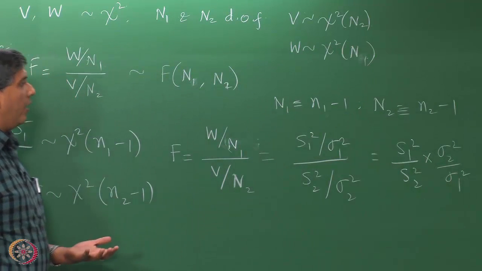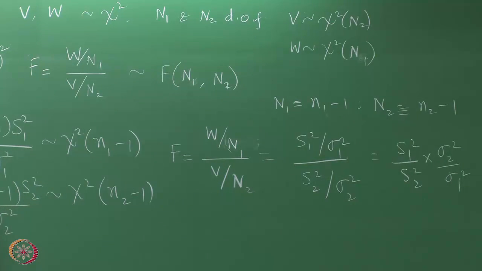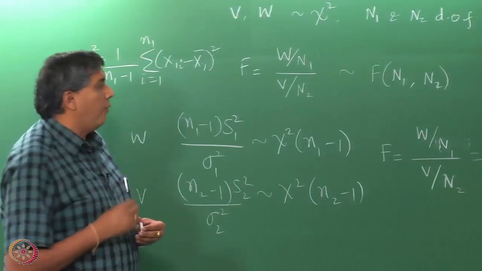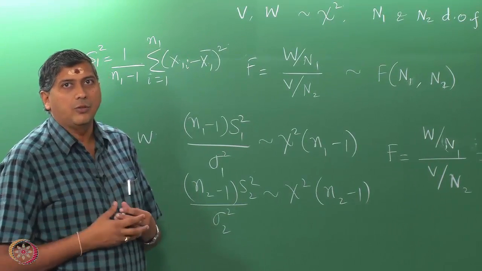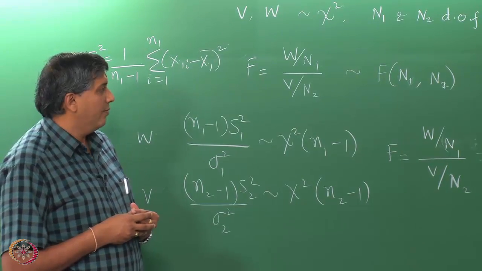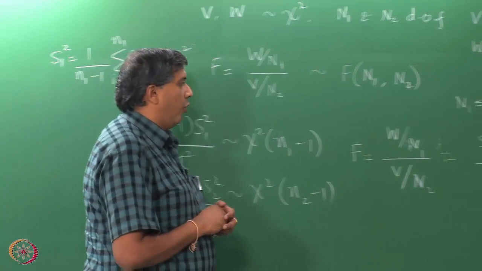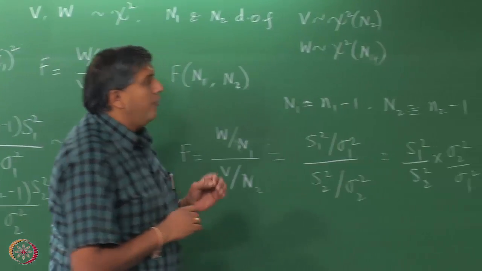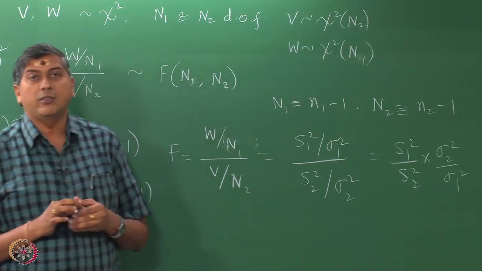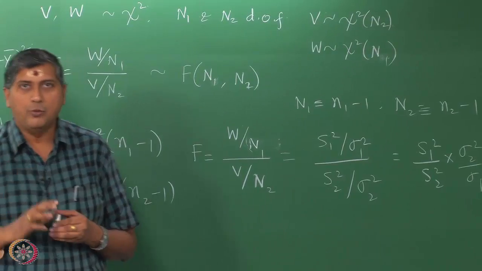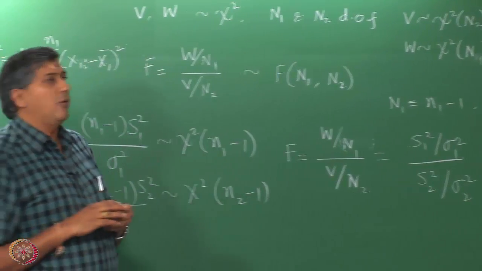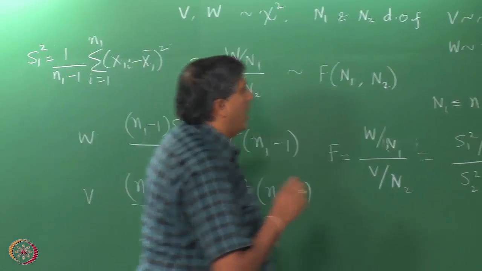Then why do we have only S1 square over S2 square as the test statistic? Well, do you have an answer to that? The answer is pretty straightforward. We are always conducting a hypothesis test assuming the null hypothesis to be true. So, what is the null hypothesis?